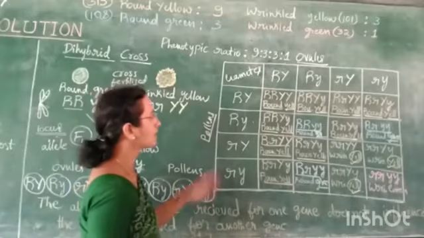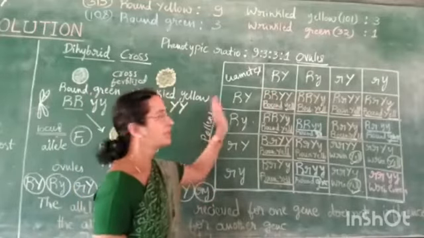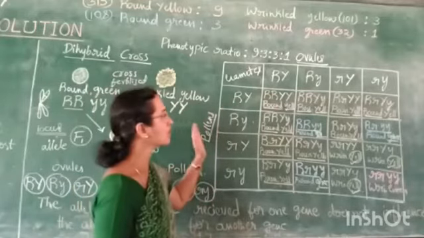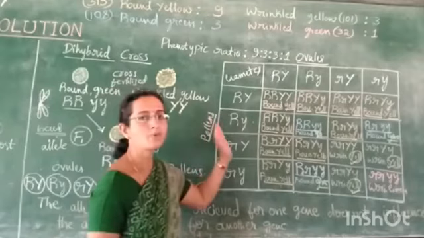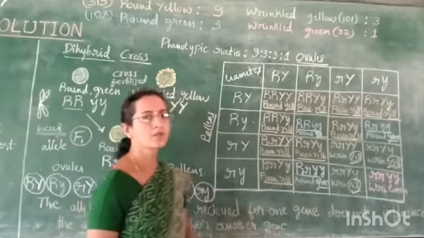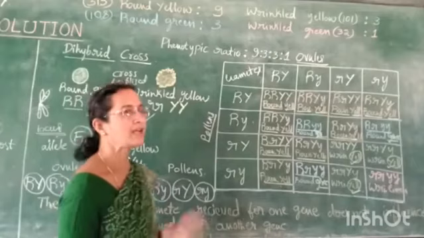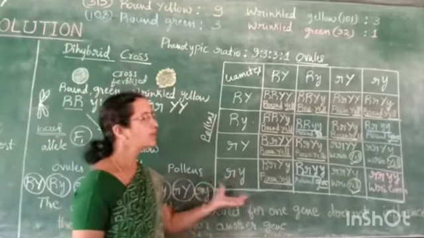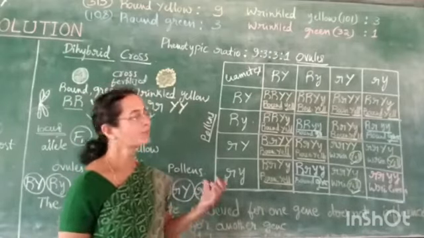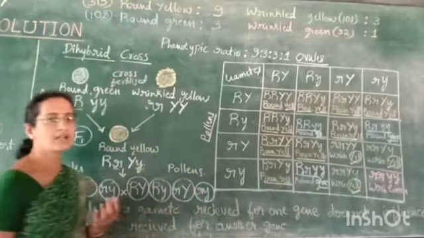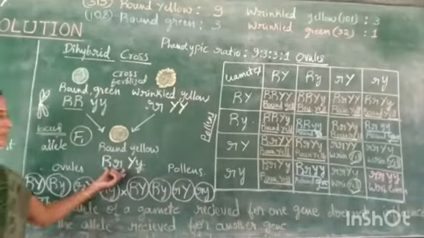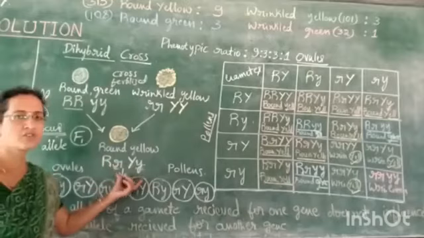Here the combinations of all the patterns of ovules and pollens can be written. So what did Mendel get in his self-pollinated plants? Here the self-pollination was done in the first generation plant.